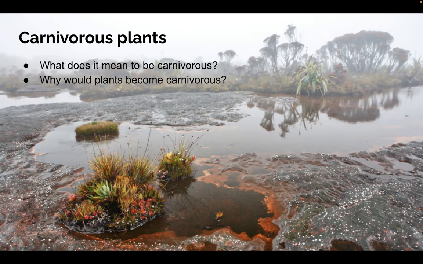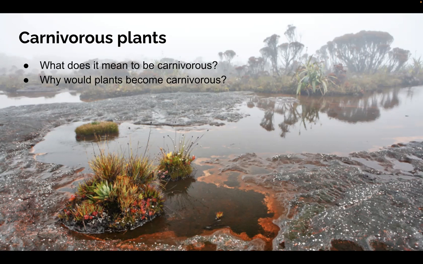To be carnivorous involves attracting animals, kind of enriching your ability to have animals near you that you can eat, actually capturing them. We'll see some different mechanisms that plants use to capture animals. And carnivorous plants also, by definition, they need a way to directly uptake those nutrients of the animals that they've captured.